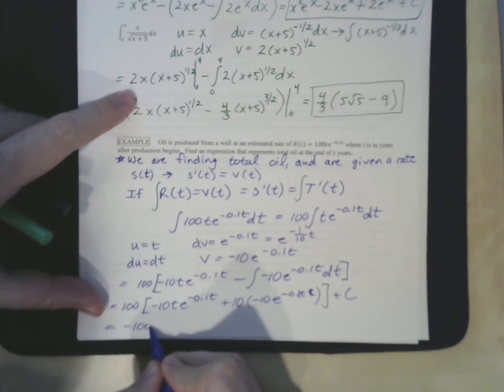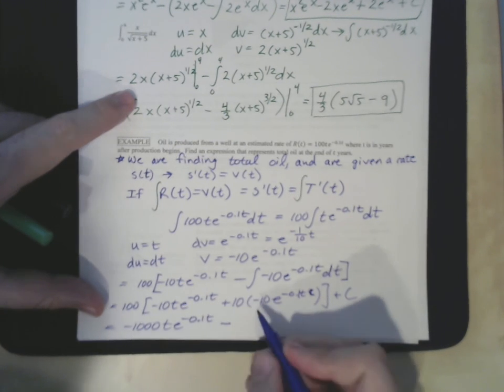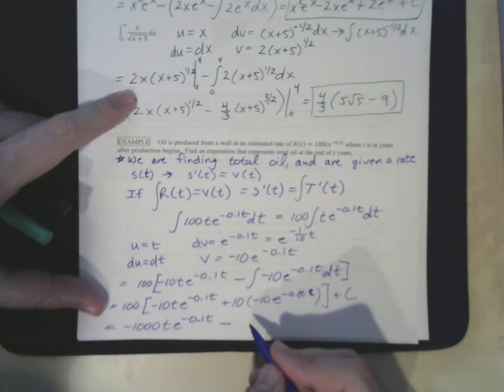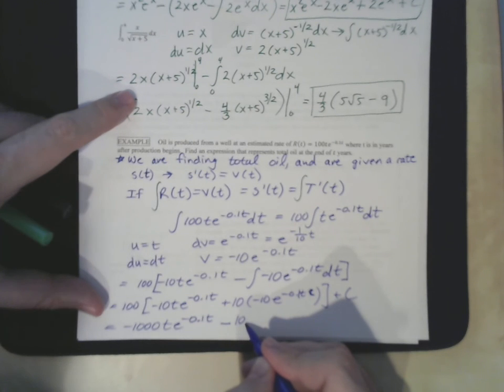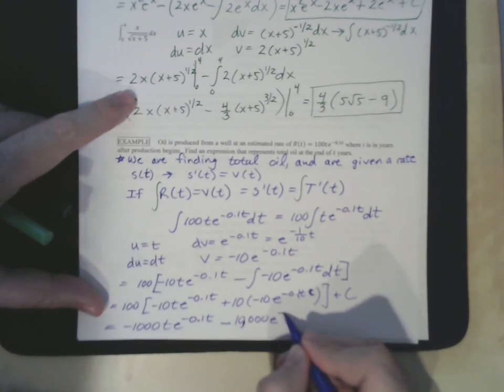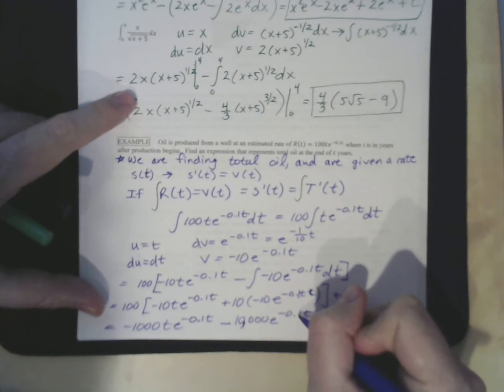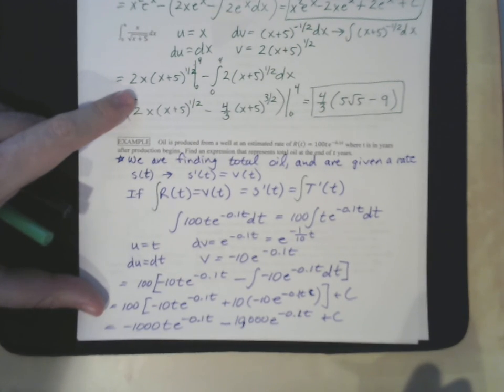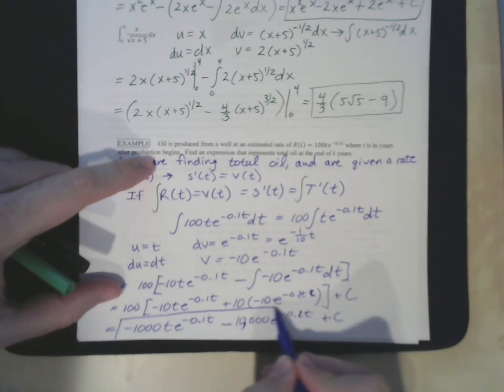So we have negative 1000 t e^(-0.1 t) minus, this is 100 times 100 is 10,000, excuse me, e^(-0.1 t) plus c. And that would be our final answer.